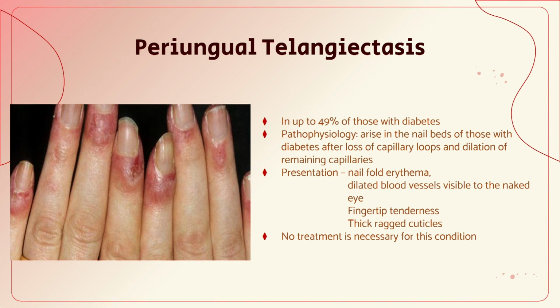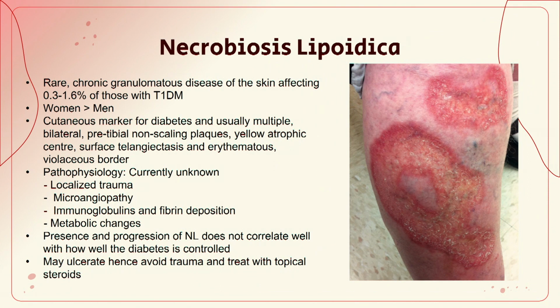It arises in the nail bed after the loss of capillary loops and the dilatation of the remaining capillaries. How it presents is that there is a lot of tenderness around the nail bed, and the erythema is very visible, also ragged cuticles. And no treatment is really necessary for this because it improves with good glycemic control.